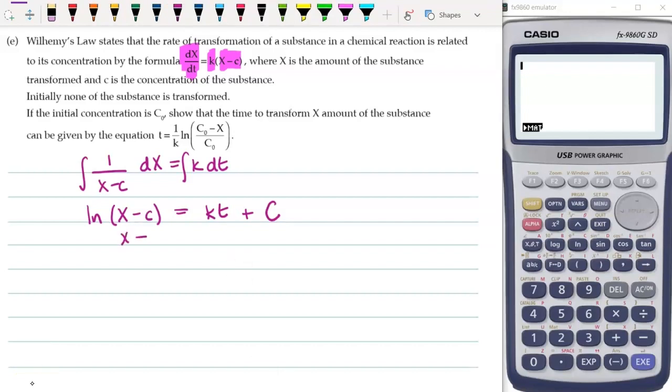Now this gives us that x minus c is equal to e to the kt plus big C for constant. Now we can actually get rid of that, because that's the same as e to the C, and that itself is a constant, so we can just call it an A in the front.